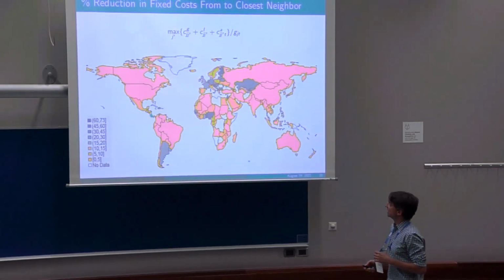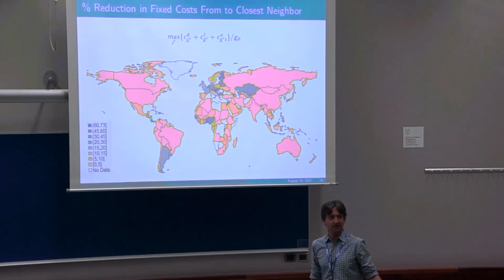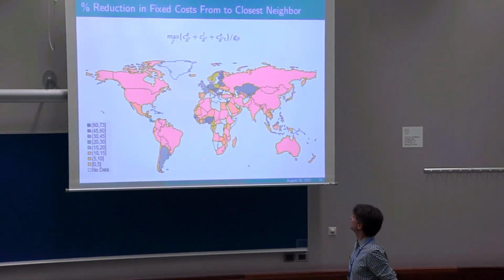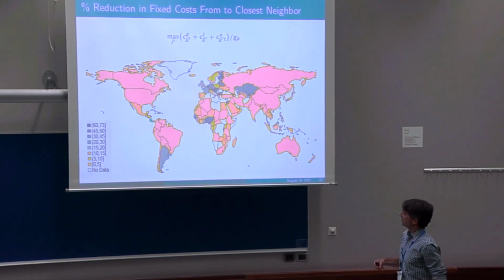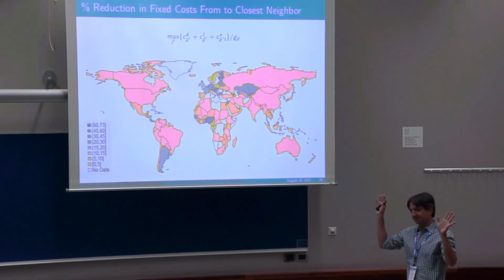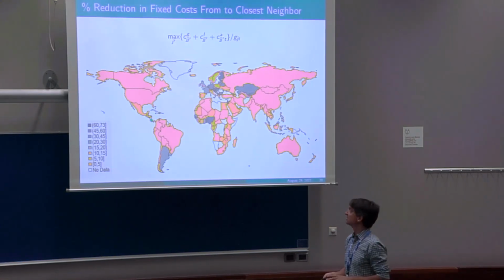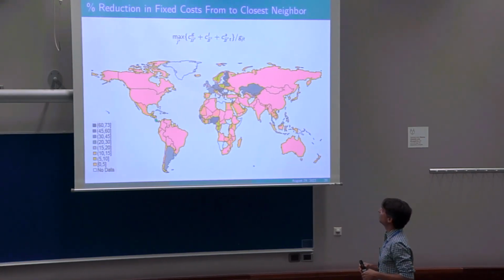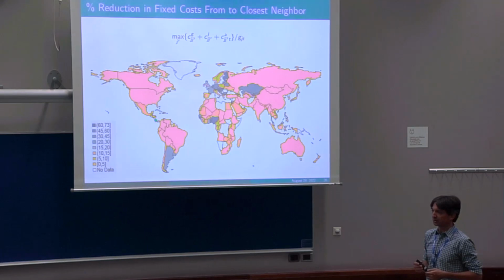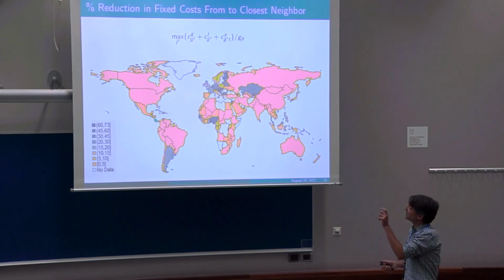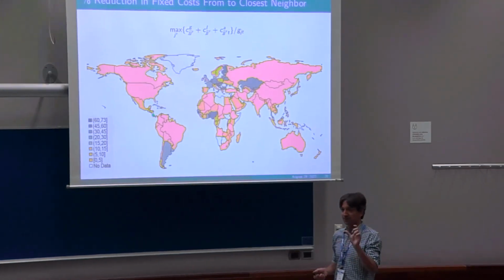Okay? So then, let me give you a quick summary of the results. One thing we have done is estimate the model; I skip these parts, but we solve this model, we do a simulated method of moments, and we estimate these parameters. I want to describe to you the reduction in fixed costs that you would observe. The object that we are estimating is bilateral, for every pair of countries.